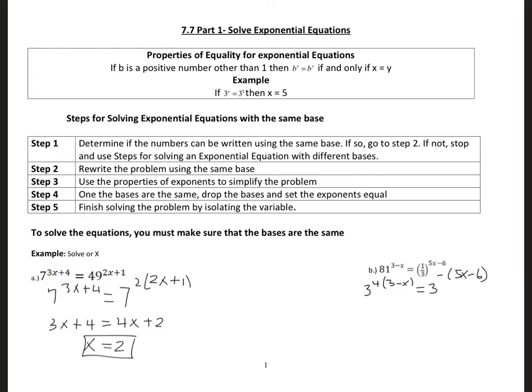So then I get 4x, I distribute the 4, so 12 minus 4x is equal to negative 5x plus 6. And then I just need to solve this equation. And when I solve this equation, I'm going to get x is equal to negative 6.